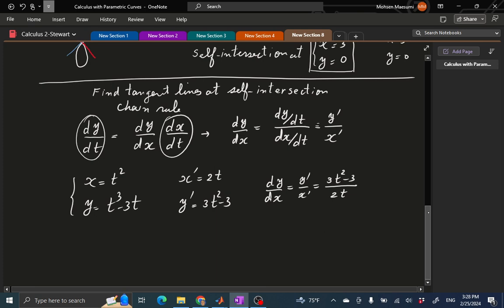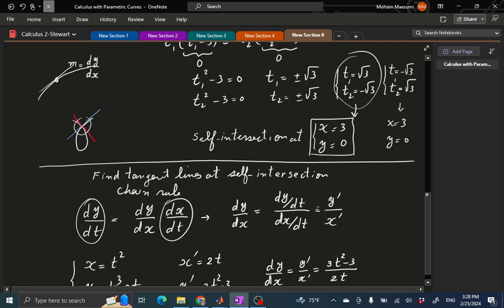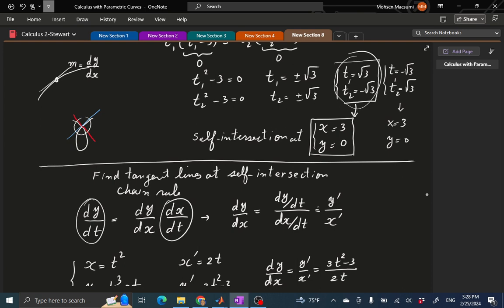Well, if we are looking at the intersection and we want to find out what's happening at that intersection, we need the slope, and to find the slope I need to have my parameter. I have two values for this parameter, plus radical 3 and minus radical 3.